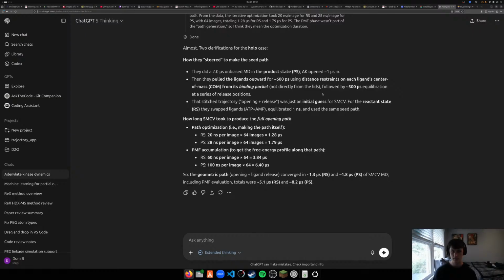Path optimization, making the path itself: reactant state 20 nanoseconds per image, 64 images, 28 nanoseconds. PMF accumulation.